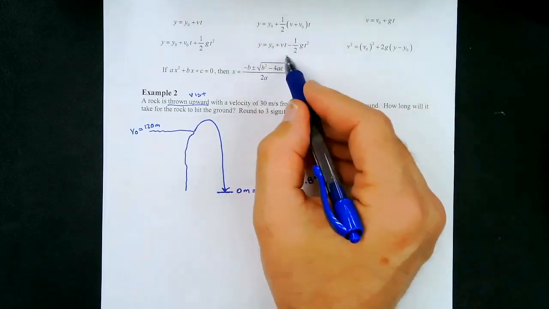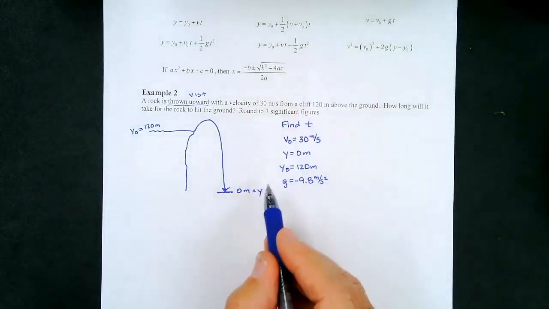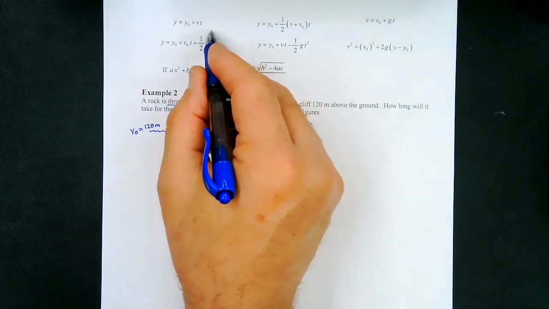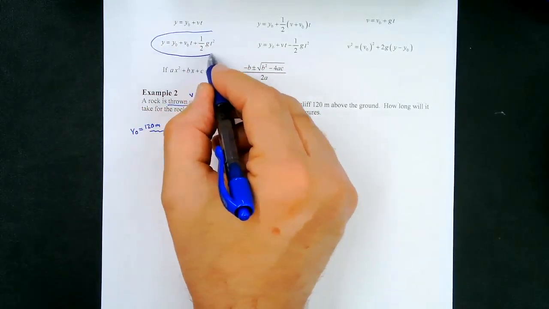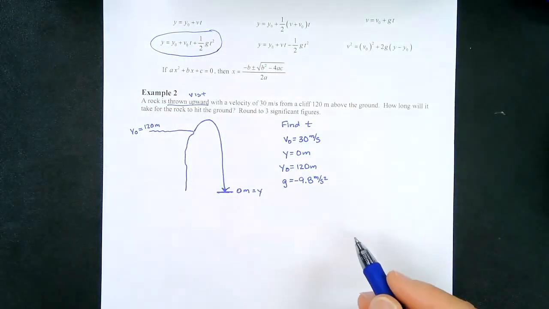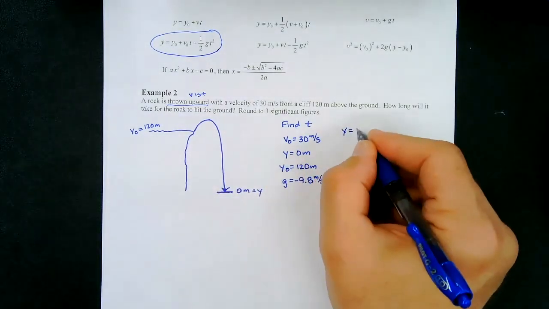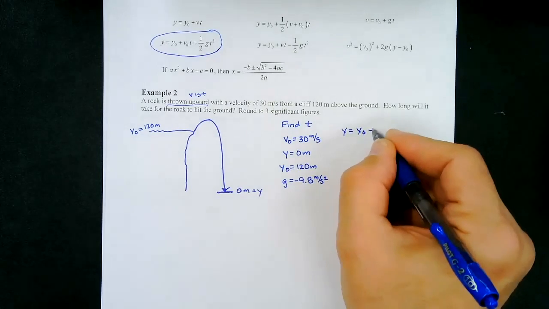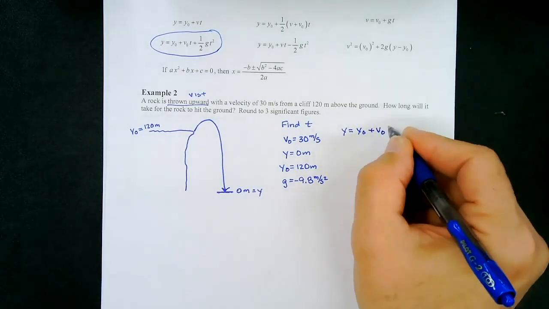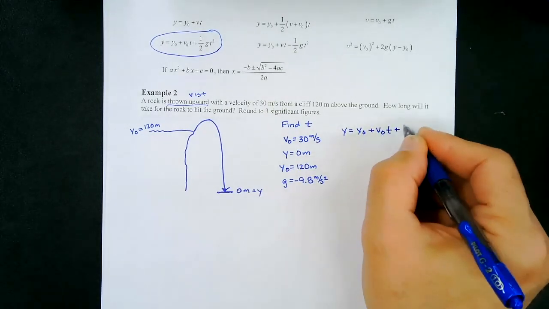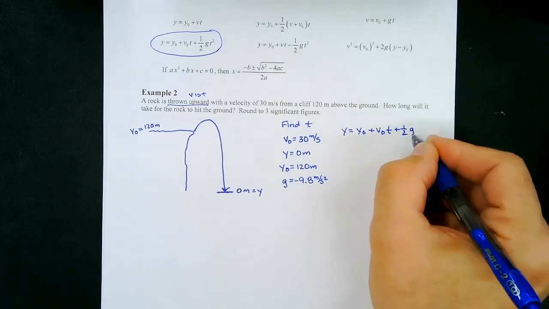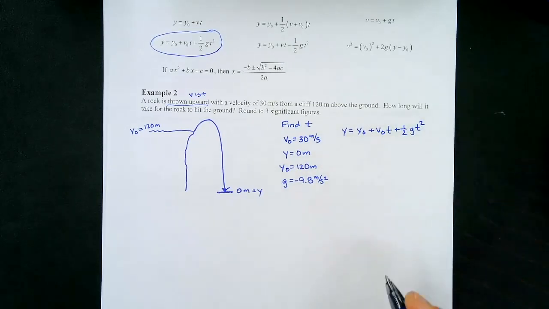This one deals with the final velocity, and I'm given the initial velocity. So the only one I can use is this one right here. So we have y is equal to y sub 0 plus v sub 0 t plus 1/2 gt squared.